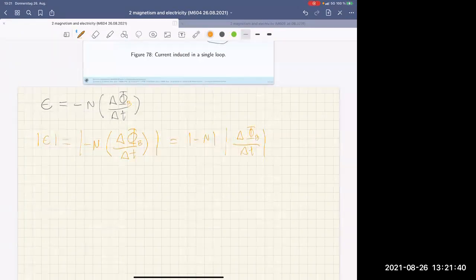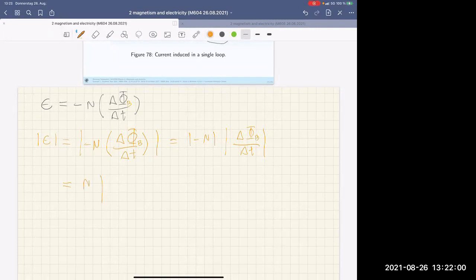We remove the negative sign, because we take only the positive value for that. So it's going to be N and the absolute value of delta phi B.